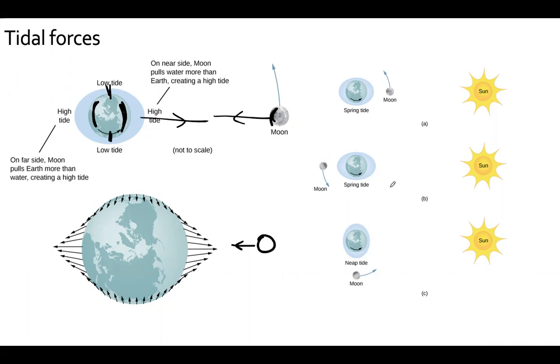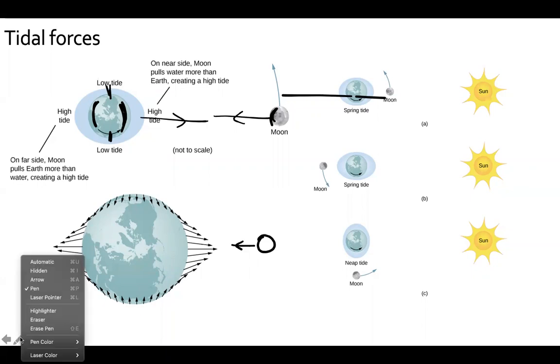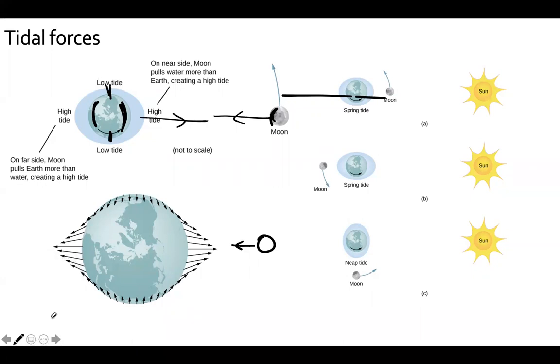And this is another representation here with the sun and the moon. When the moon is parallel with the sun, say this is the X axis and this is the Y axis, so these are in the same axes, we get spring tide.